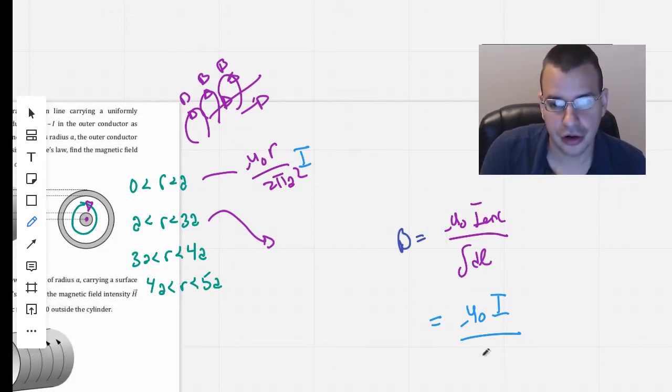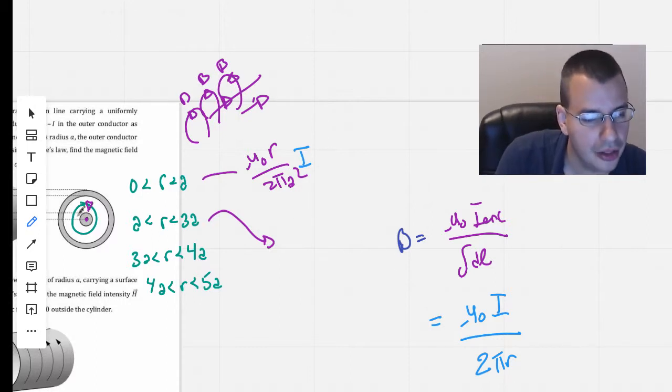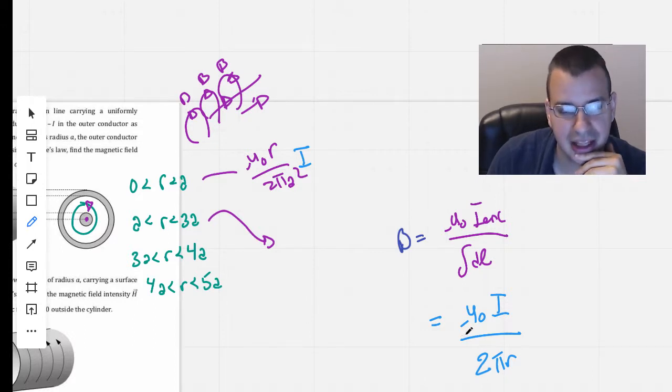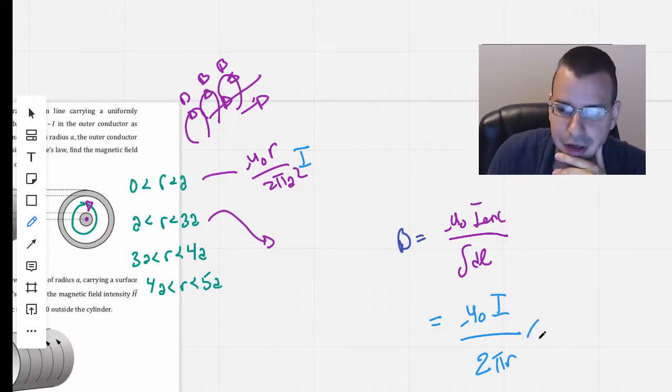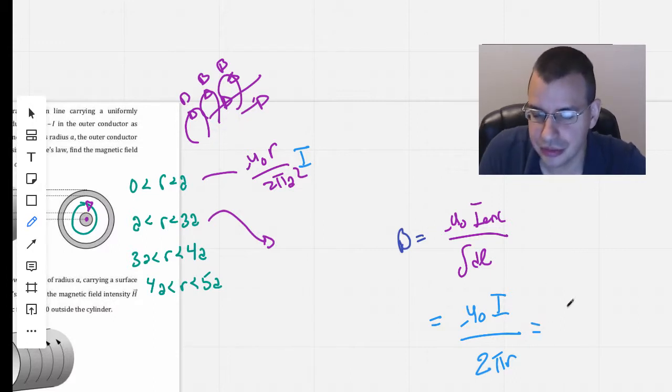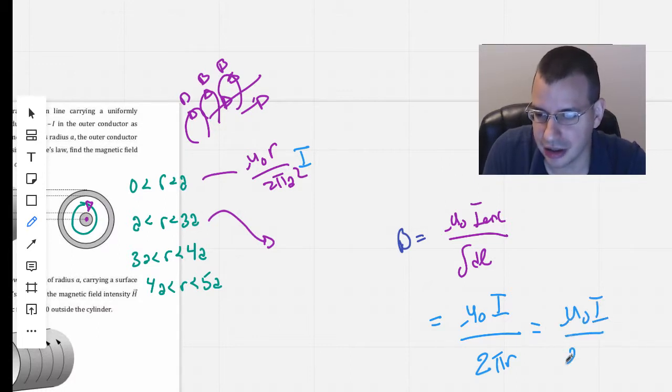All over 2 pi r, which is the circumference of our Amperian loop. I think Amperian loop is the phrase that's used. I'll just rewrite the same thing.